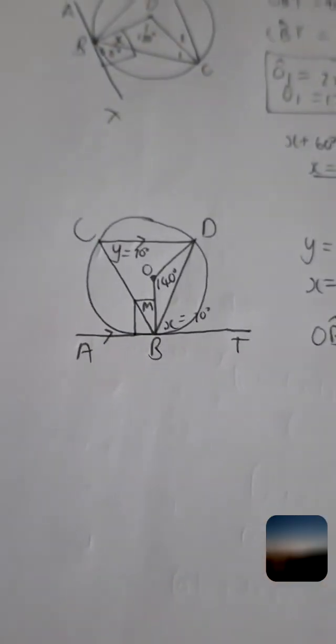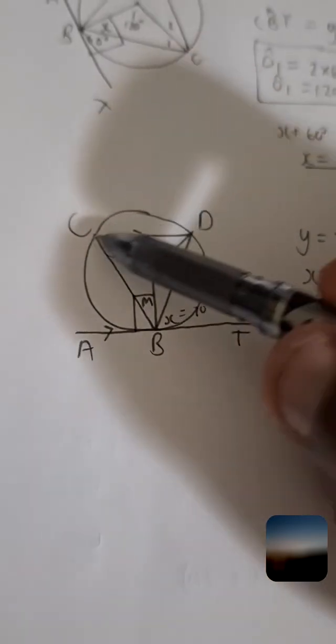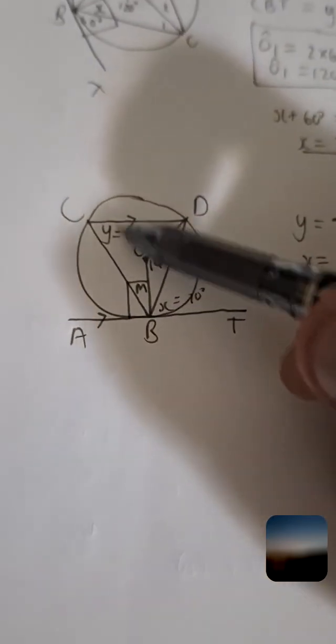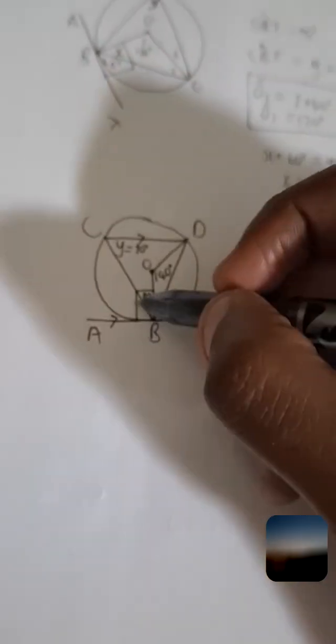And since I stated in the first part that CT is parallel to AT, meaning that angle Y will be equal to angle CPA. Y, which is equal to 70 degrees, is equal to angle CBA. Reason?